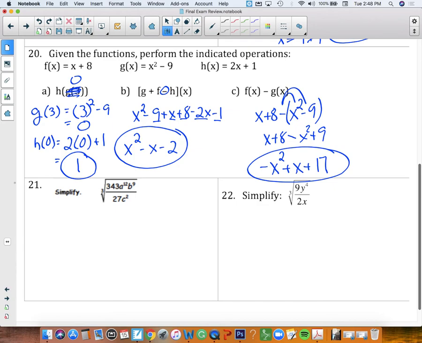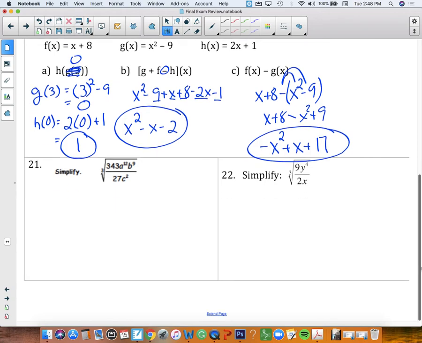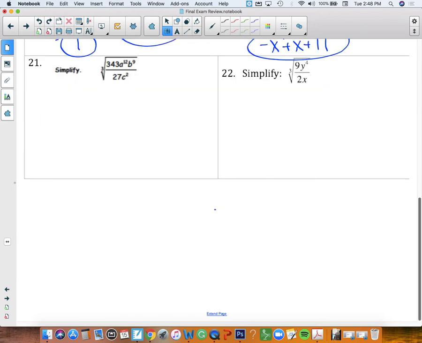Okay? Almost there. I think we're going to run out of time before the bell rings here. So I'll just kind of do one of these here. So simplify the stuff on the inside here if you can. All right? So 343 and 27, those reduce. All right, so that's a 7, I think. So that gives me 7, a 12b to the 9th over c squared.